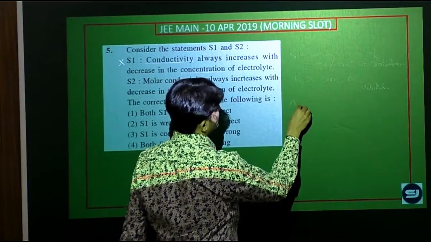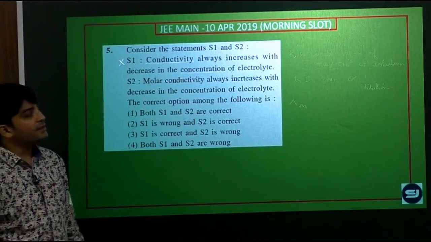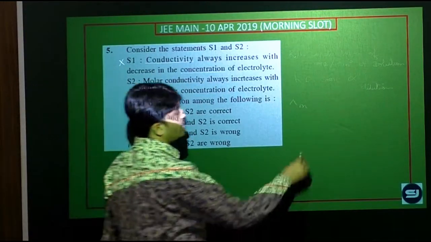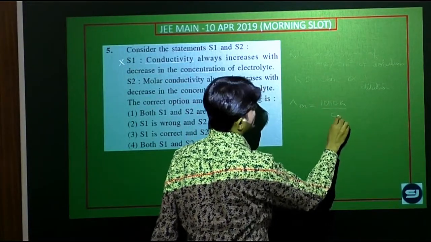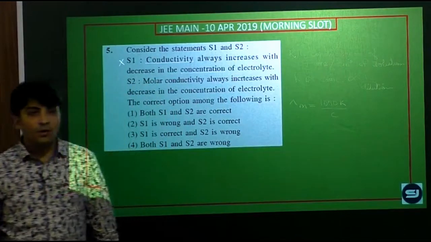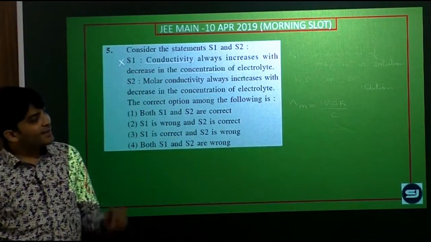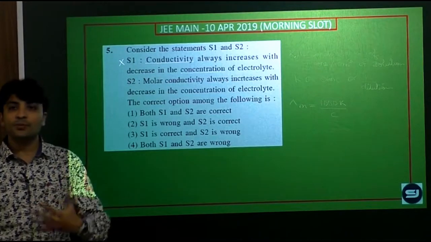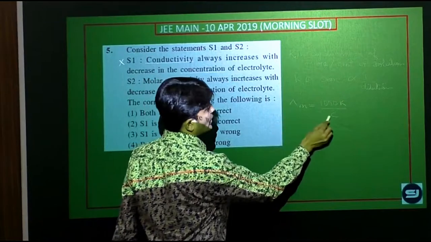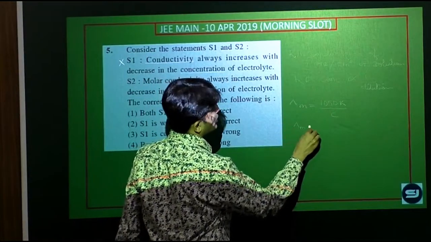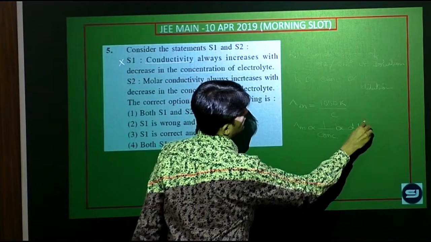Molar conductivity is the conductance of 1 mole of ions in the electrolyte, and it's famously related with the equation 1000 K by C. So, when the concentration increases, K also increases, but the increase in K is not in proportion to the increase in concentration. Hence, the relation of lambda m and C becomes inverse. So, it is directly proportional to dilution.